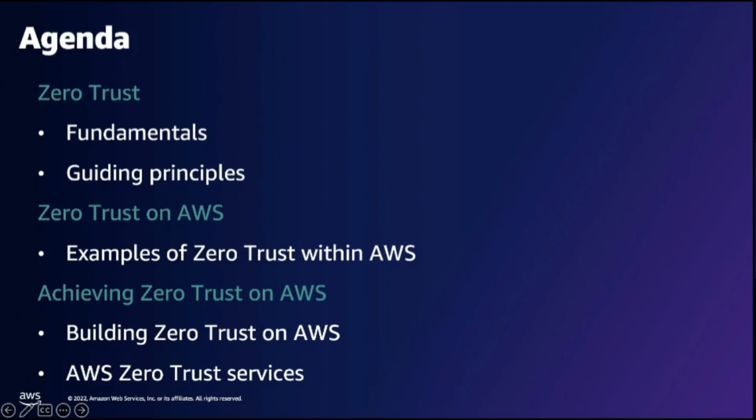This is basically how we conceptualize and approach Zero Trust from an AWS perspective. This will help us gain a better understanding of the principles behind Zero Trust. To illustrate these concepts, we're going to delve into some specific examples of how AWS implements Zero Trust in practice. We will then close off the session by having a look at how our customers can build applications following this model. So we'll have a look at some of the AWS services that can be used to achieve Zero Trust on AWS.